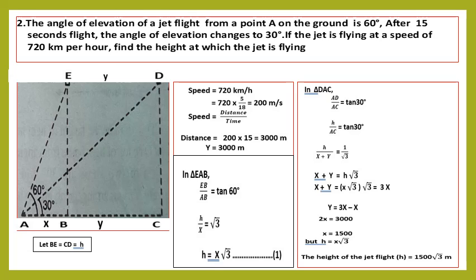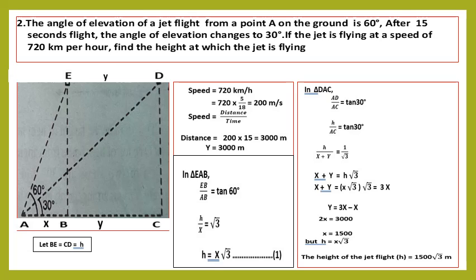In triangle DAC, AD by AC is equal to tan 30 degrees. AD is H and AC is X plus Y. So H by X plus Y is equal to tan 30 degrees, the value is 1 by root 3.